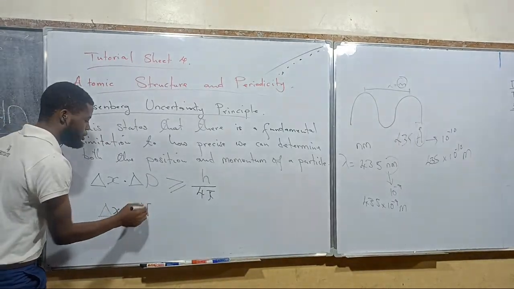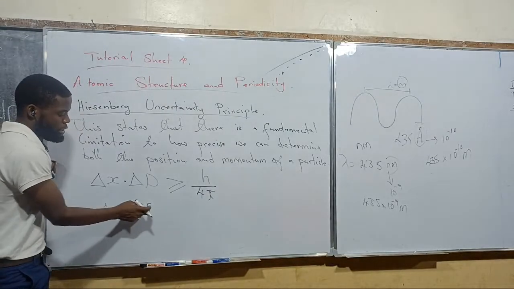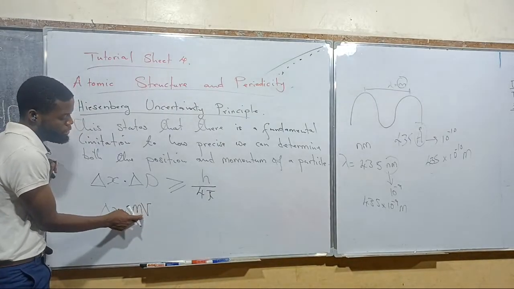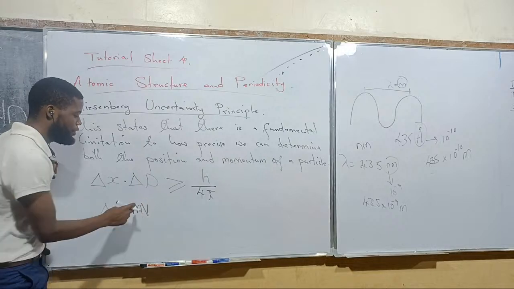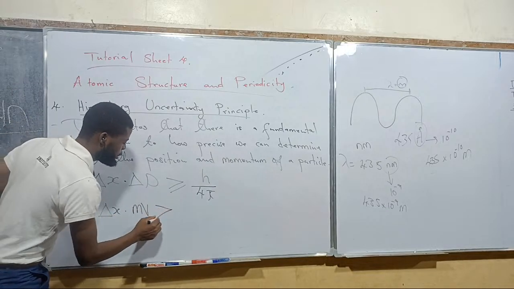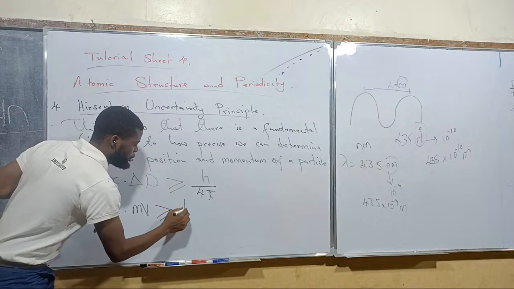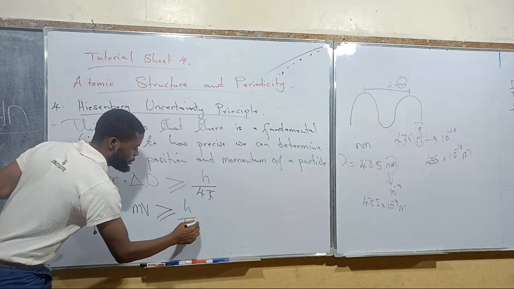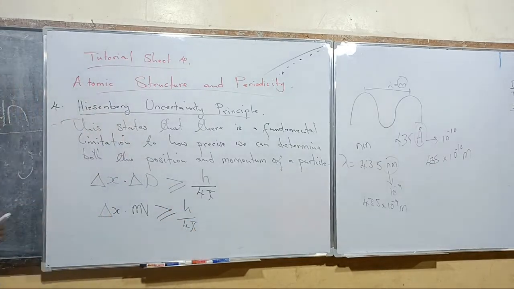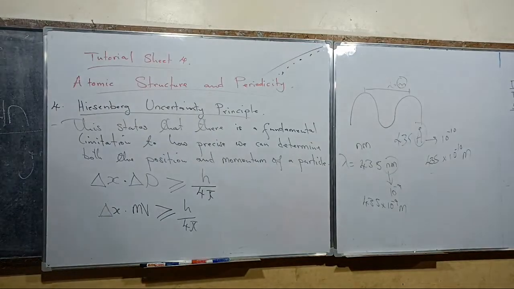Just as v represents the velocity, it's greater than or equal to the Planck's constant divided by 4 pi. So this is the Heisenberg uncertainty principle.